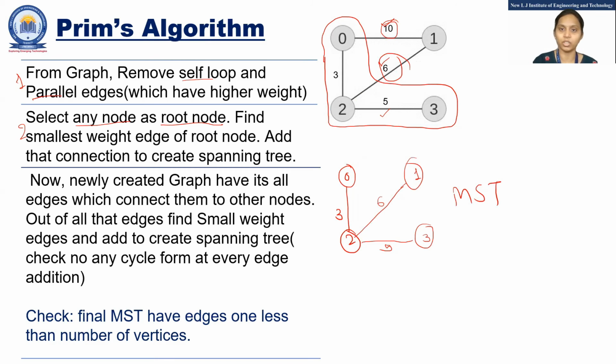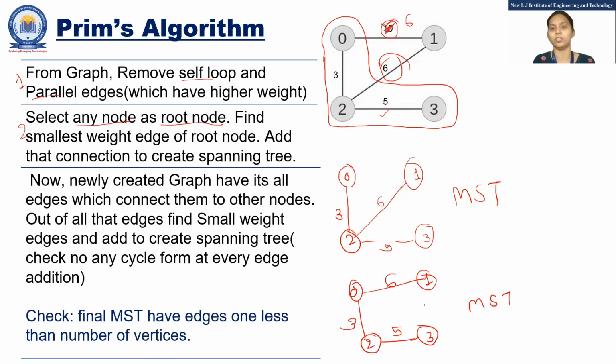Now let me take one more example to give you more idea. If this edge weight is not 10 and it is also 6, then how many minimum spanning trees are possible? 2 minimum spanning trees are possible. Both of these are valid minimum spanning trees.